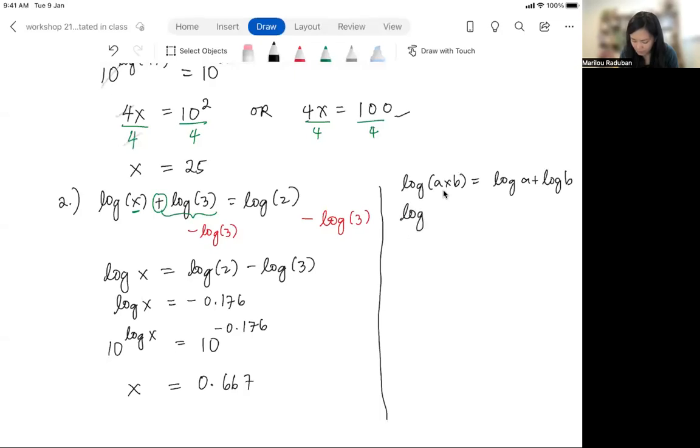It can be written as log of 3 times x. So the left side will just be log of 3 times x, and that is equal to log 2.